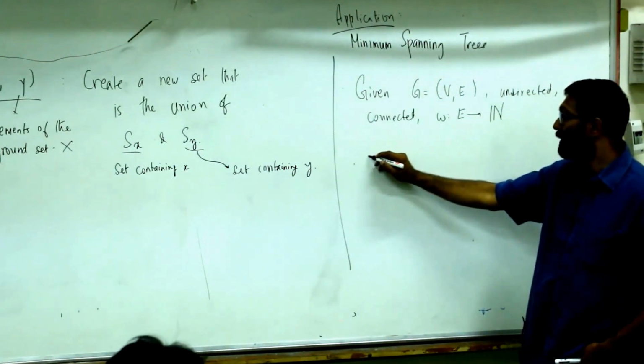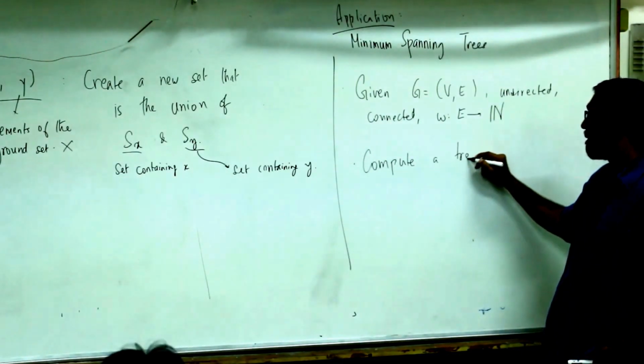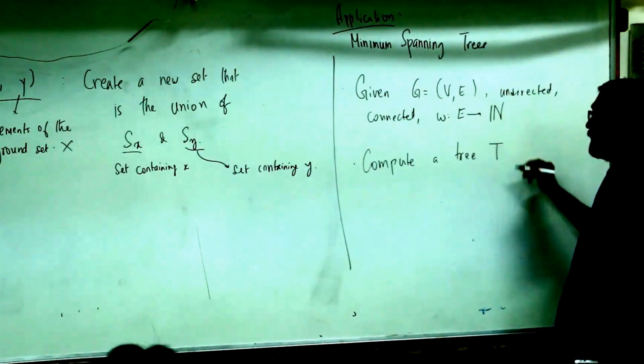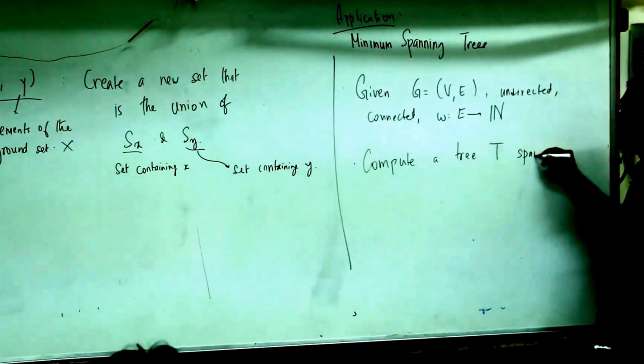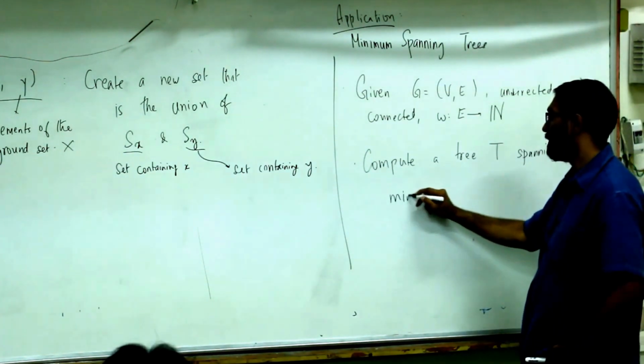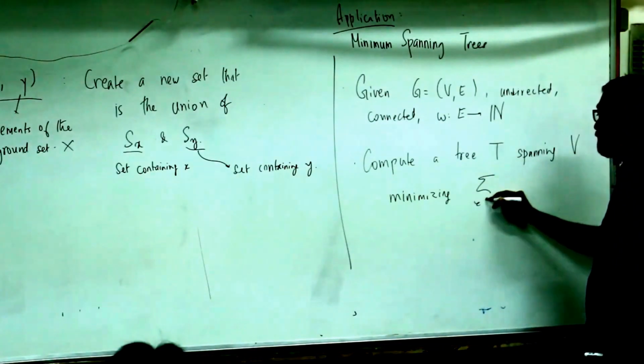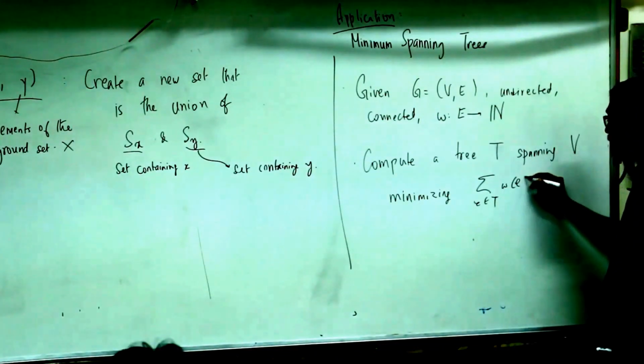What we want is to compute a tree T spanning V, minimizing the sum over E in T of the weight of E.